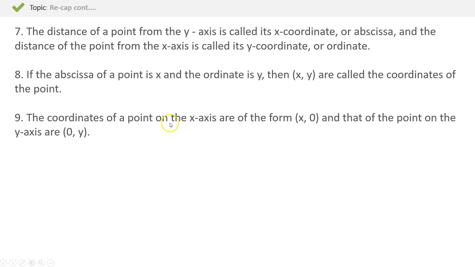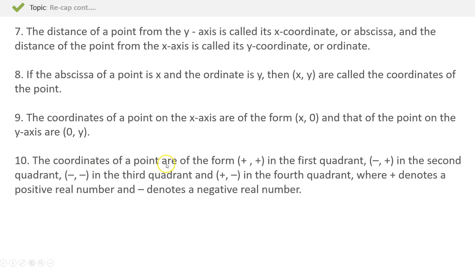If the coordinates of a point on x-axis are of the form (x, 0), and that of a point on the y-axis are (0, y). So what it is saying is, if you pick a point on x-axis itself, the y component is always going to be 0, so it is always represented as (x, 0). Same, if you look for a point on y-axis, it always has x component 0, and hence it will be (0, y).